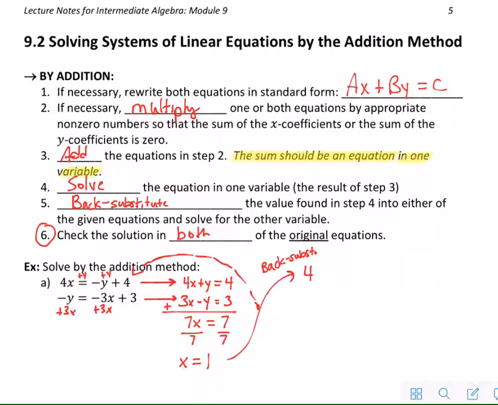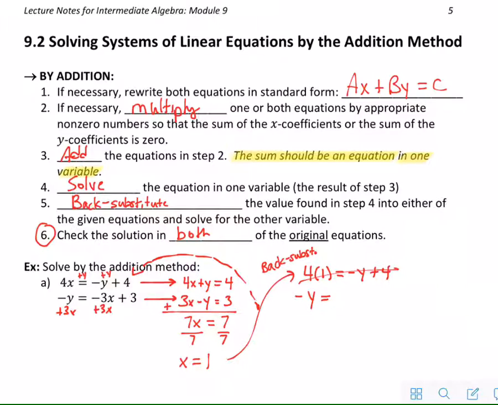So 4 times 1 equals negative y plus 4. You see what I did? Just plugged in this x equals 1 into my first equation. Might have even been easier to plug it into my second one, but actually it is. I'm going to do the second one. So much easier. Look at that. Negative y.